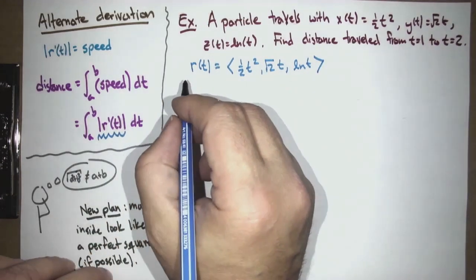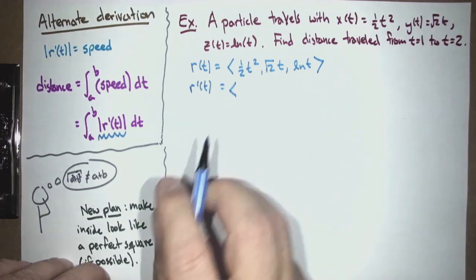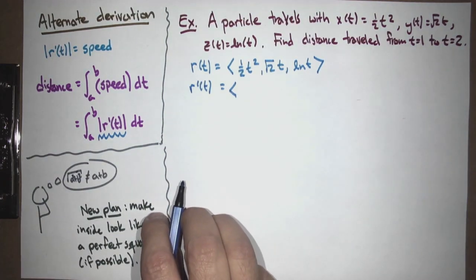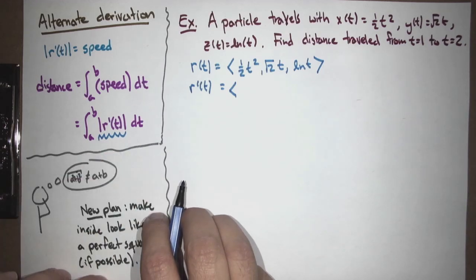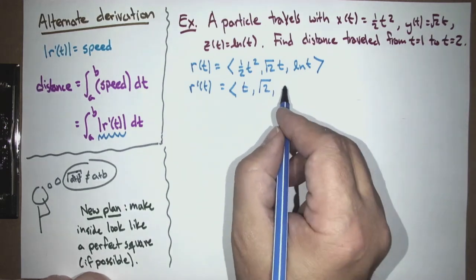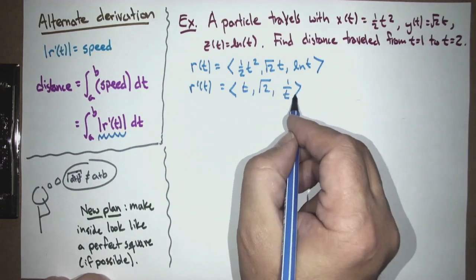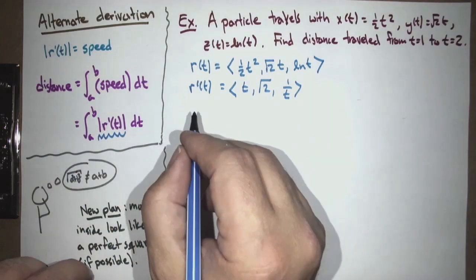So let's start with r prime. What is r prime? Okay, derivative of each entry. So in our case, t, square root of 2, 1 over t. All right, now the magnitude of r prime.